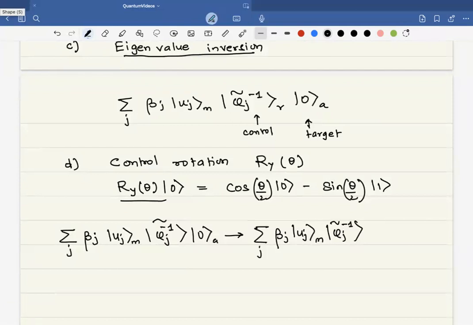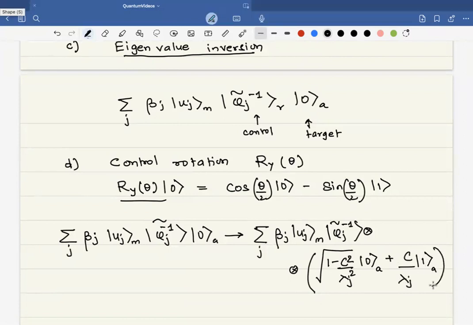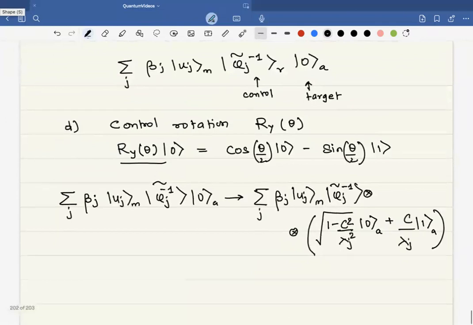I can sort of create this state. So this will be tensor square root of 1 minus c squared over lambda j squared ket 0 ancilla plus c over lambda j ket 1 ancilla, for some normalization constant c. So this will be our cos theta over 2, this will be sine theta over 2, and so on, right?